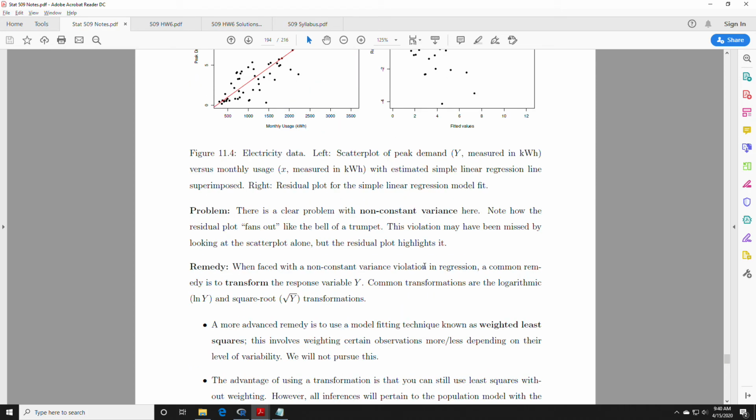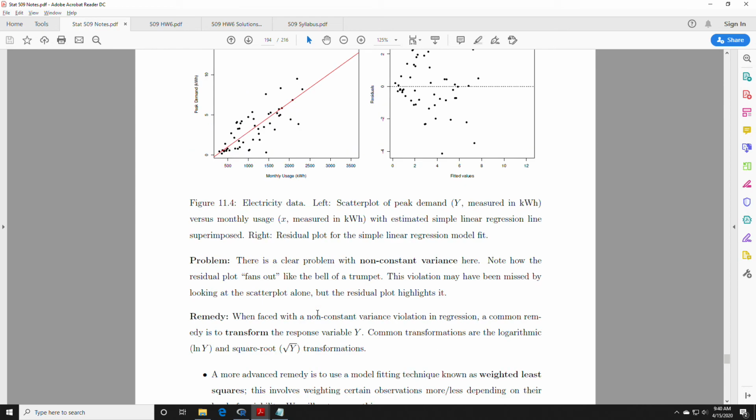One of the common things that you can do is to try to transform the response variable. Now this is kind of annoying because, as it says here, common transformations are to take the log of y or the square root of y, and sometimes doing this corrects this issue.